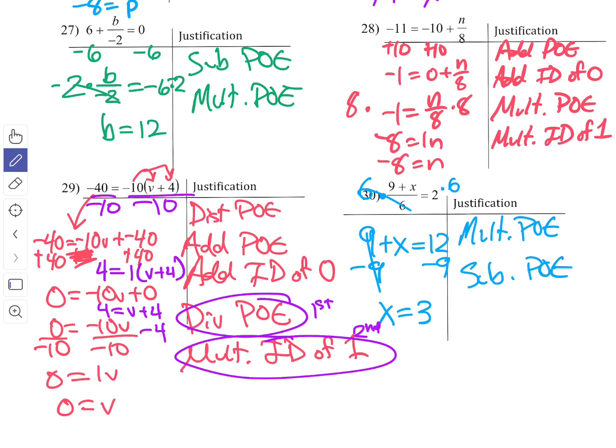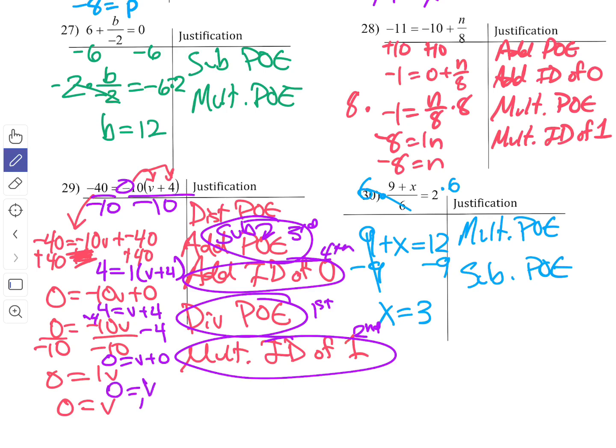Subtract 4, which this changes things because of that being a negative 10. We get 0 equals v plus 0. So we actually used the subtraction property of equality here. So that's third. Then using the additive identity, we drop it and get v equals 0.